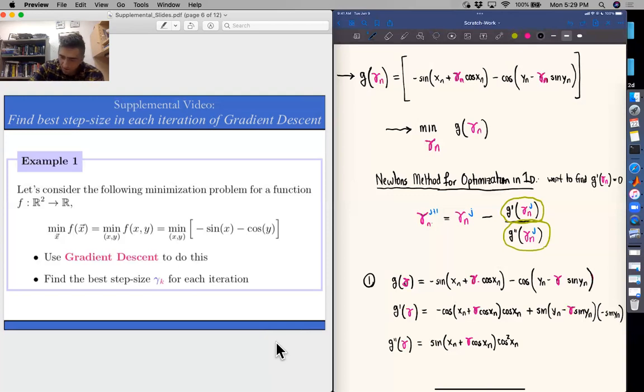All right, next, move to the next term. The only gamma is inside that first sine, so we don't have to worry about that second sine, negative sine y_n really. So differentiating that positive sine, we get a cosine term. So we have plus cosine of (y_n minus gamma sine y_n).